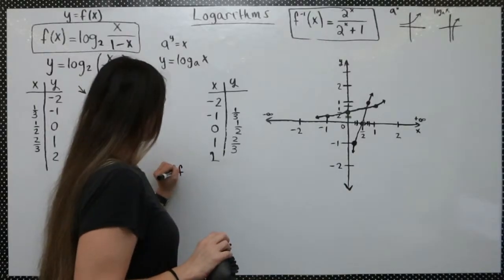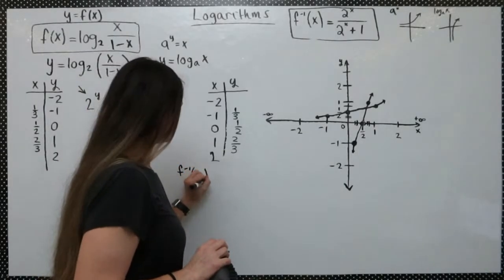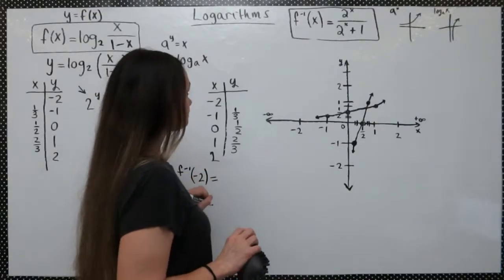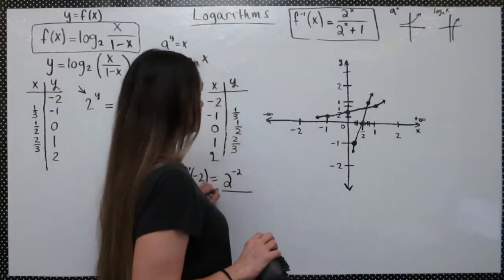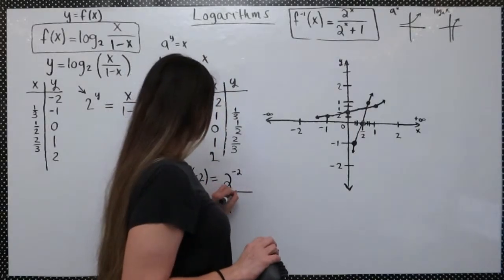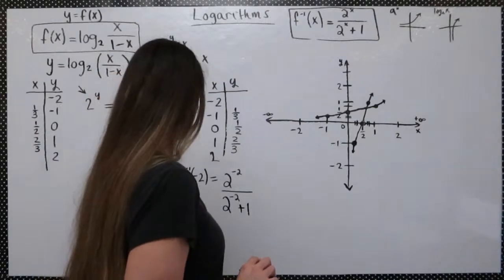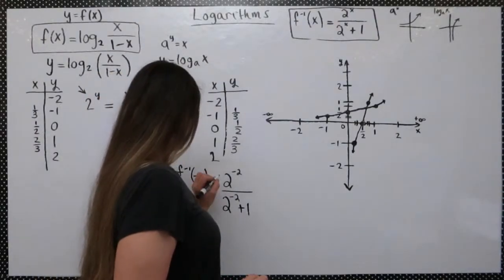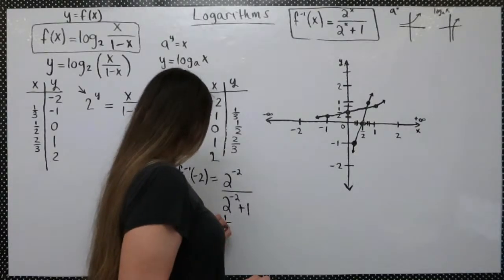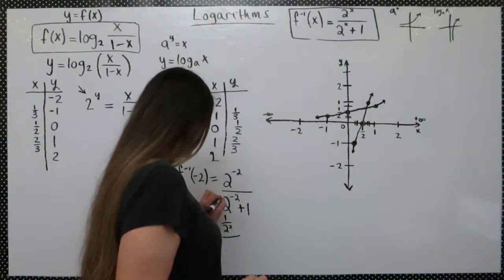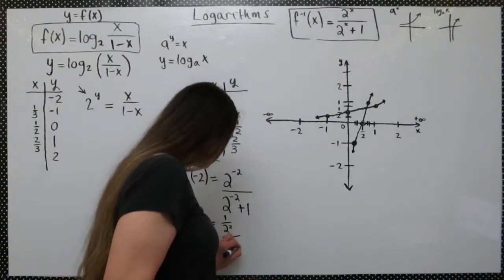And so what we have is this right here. So f inverse of -2 is going to be 2 to the -2 divided by 2 to the -2 plus 1. So this is going to be 1 over 2 squared divided by 1 over 2 squared plus 1.